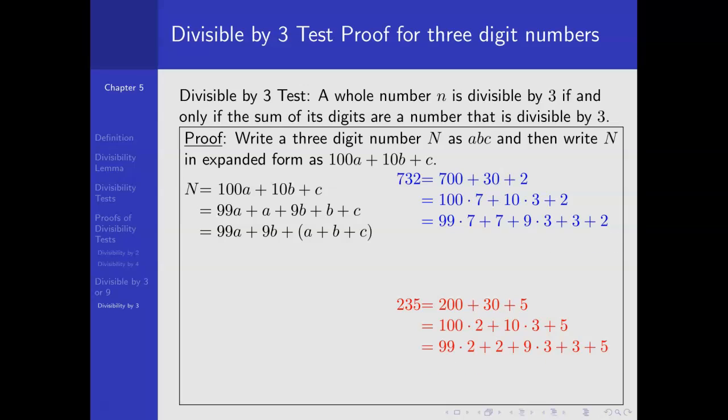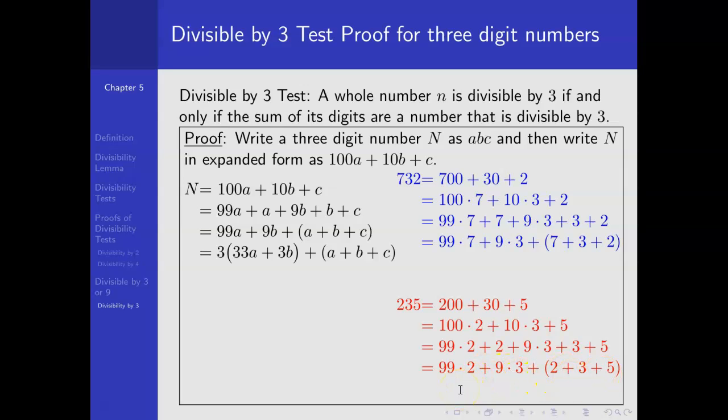So now we're going to do the rewriting in our examples. So we have 99 times 7 plus 9 times 3, and then plus 7 plus 3 plus 2. And with 235, 99 times 2 plus 9 times 3, plus 2 plus 3 plus 5. And then we notice that with the 99A plus 9B, we can factor out the 3, so we get 3 times the quantity 33A plus 3B.